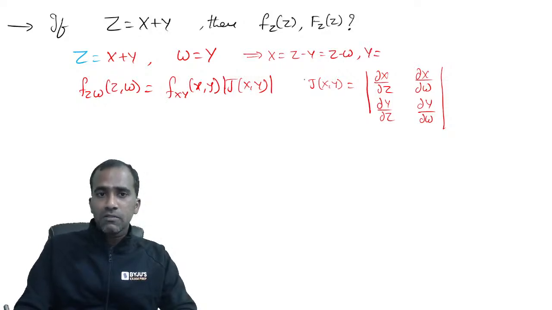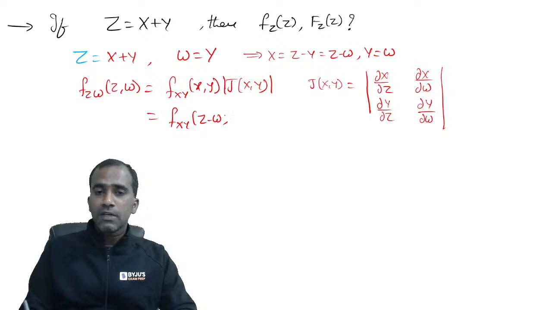And y is the same as w. So it is f_XY of x comma y, in place of x I'm replacing z minus w so that this function gets converted in terms of z and w, and y I'm replacing with w, multiplied by the modulus of J of x comma y.